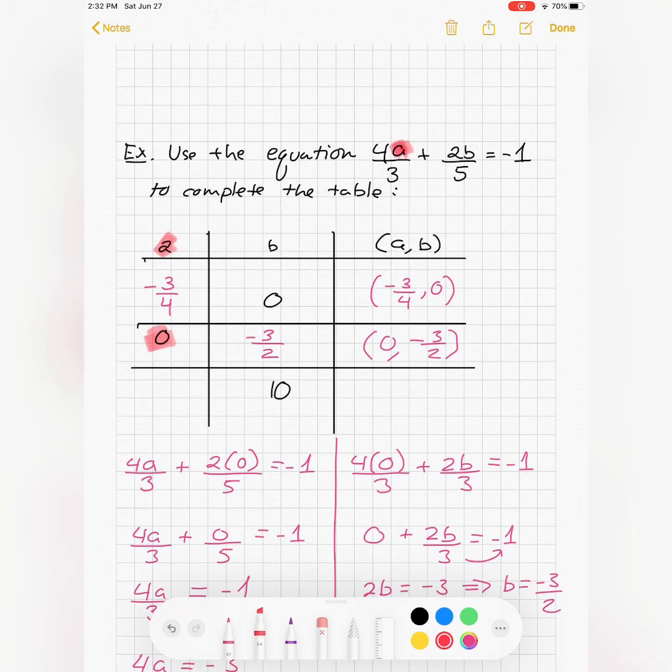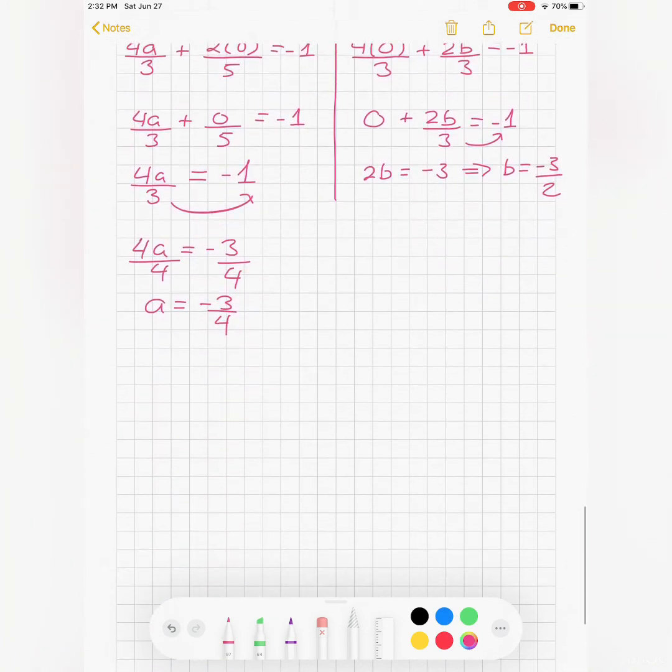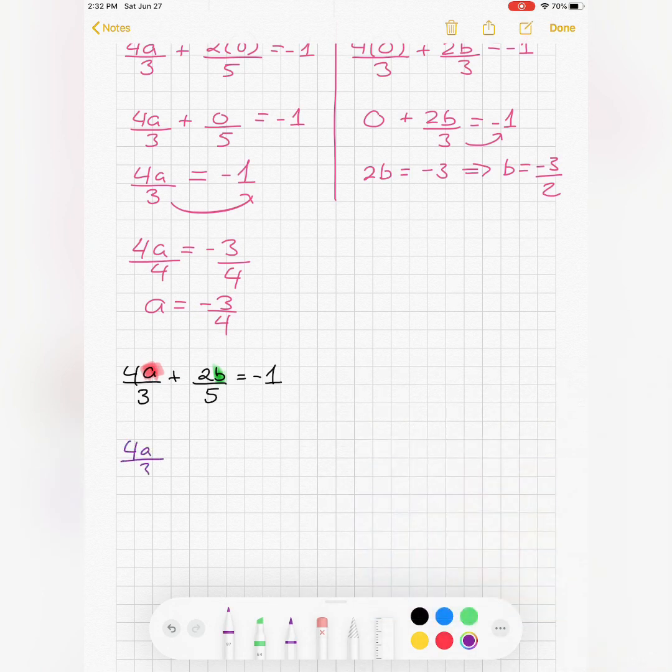Let's see, there's one more where I'm given the b. So I'm going to plug that in for b. The b is 10. So I'm plugging in b is 10. So 4a over 3 plus 2 times 10 over 5 is negative 1.